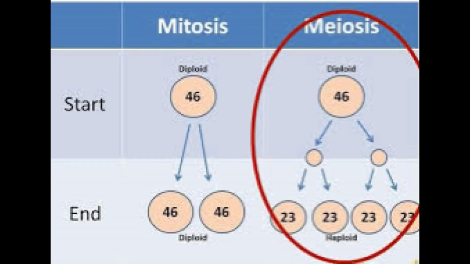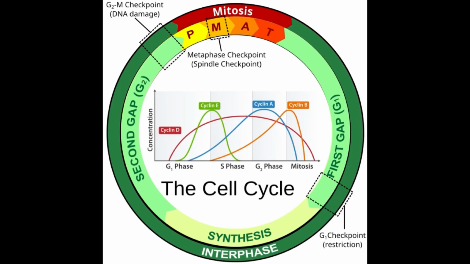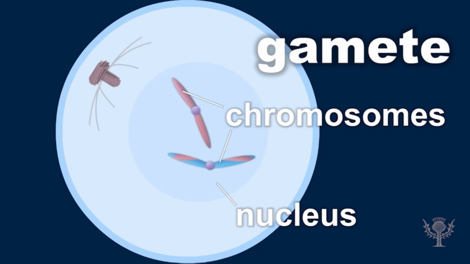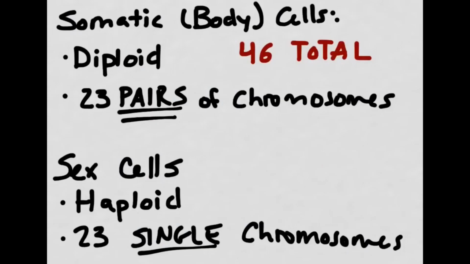During this process, the normal number of the cell's chromosomes is reduced by half. Each gamete ends up with a copy of one chromosome from each pair. Meiosis is a continuous process, but for convenience, it is usually examined as a series of separate events with two divisions.